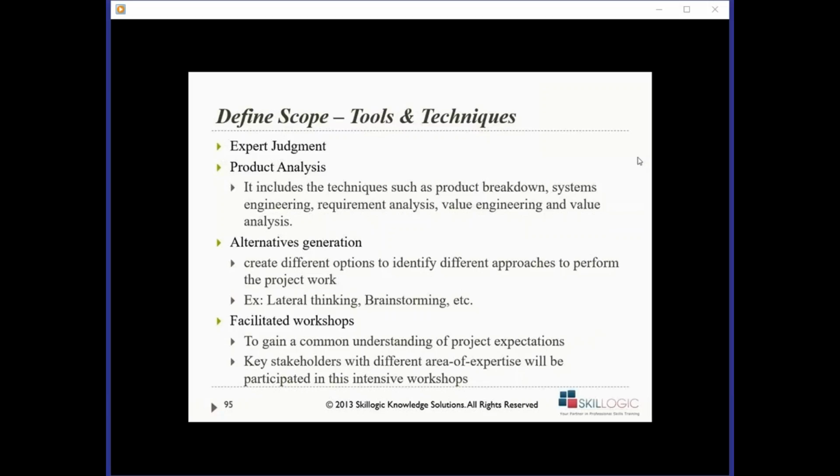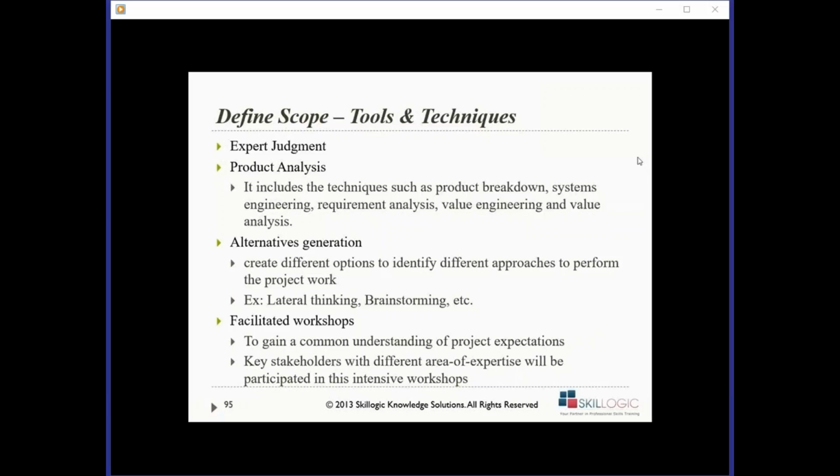Now the key point here is you have to break it down only to the level of the work package. There is a rule here. It is called the 8/80 rule. The work package should be designed in such a way that it is not more than 8 hours per day, plus it should not exceed 80 hours.